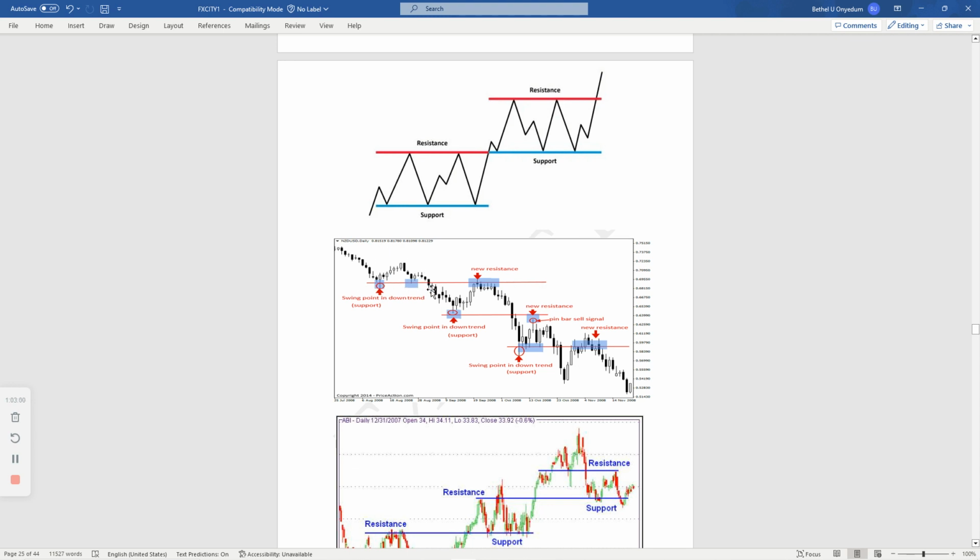Now you see support is broken, and you can see price came back to that support. What's price doing at that support? You see this candle formation here that signifies that a lot of bids came into the market, but then offers came back to the market and closed price below the support.